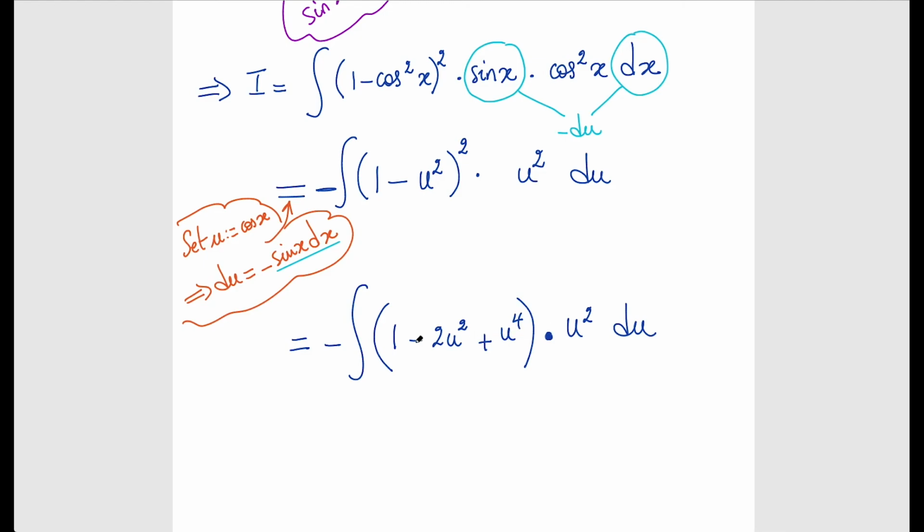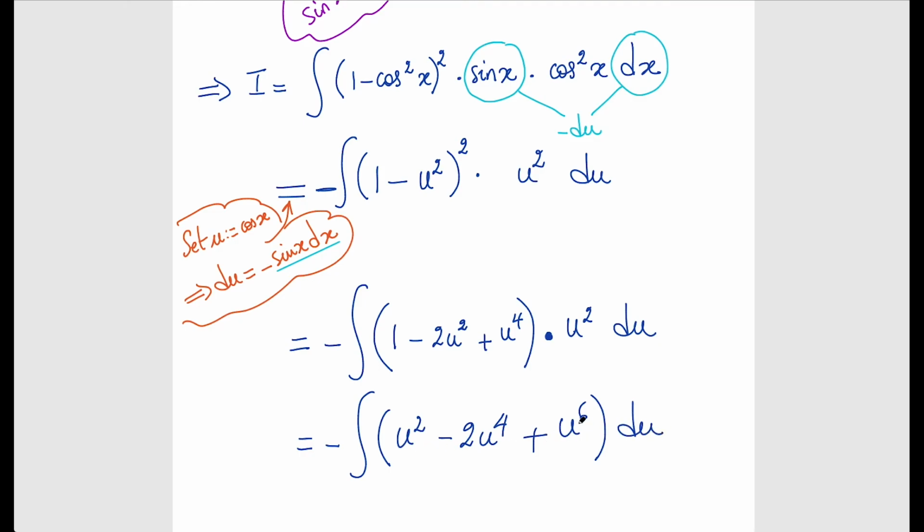And now let's distribute this multiplication over addition and subtraction inside. We obtain minus the primitive of u squared times 1 is u squared. U squared times negative 2 u squared is negative 2 u to power 4. I added the powers, I didn't multiply, even though 2 times 2 is still 2 plus 2. Plus u to power 4 times u to power 2 is u to power 6, right? du.